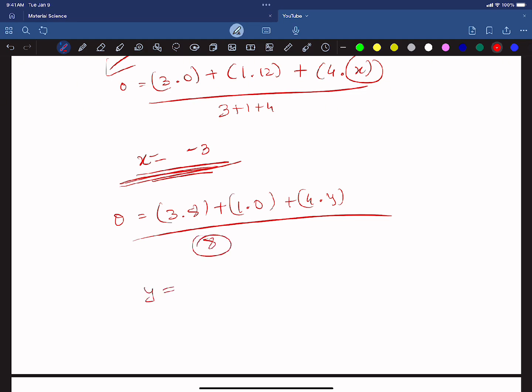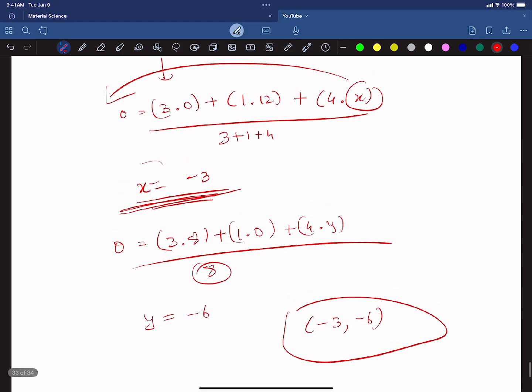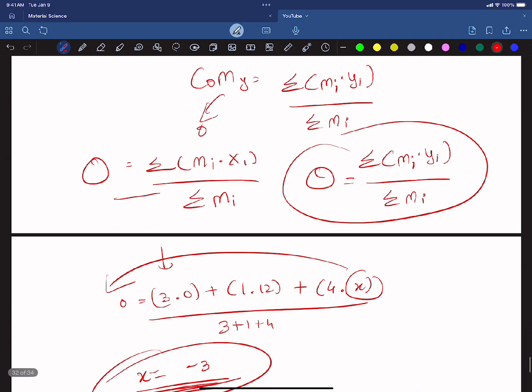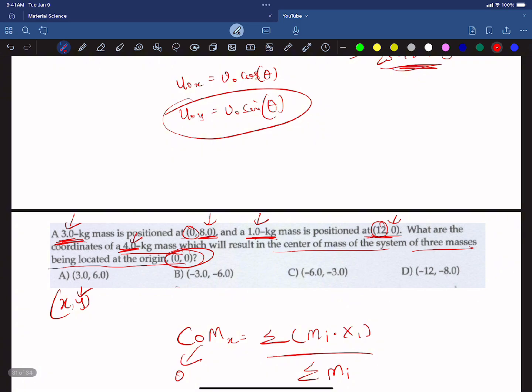This will give you y equal to minus 6. So this is our coordinate, minus 3, minus 6. That's our answer, B. Now let's move on to the next question.